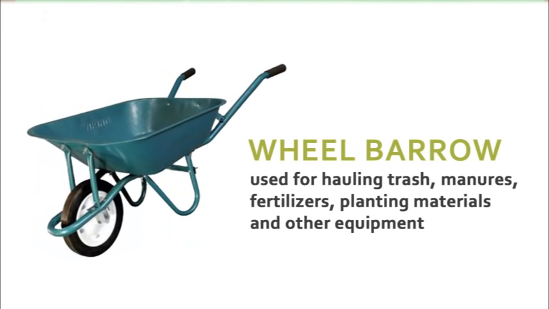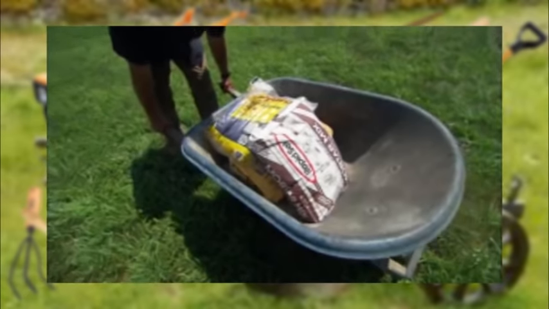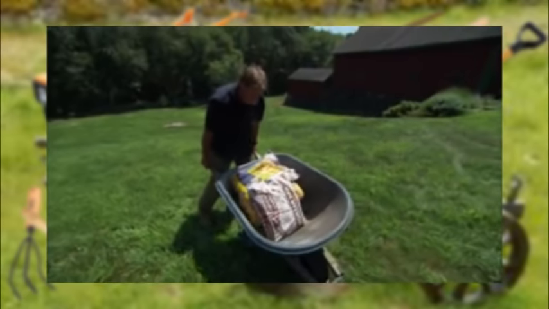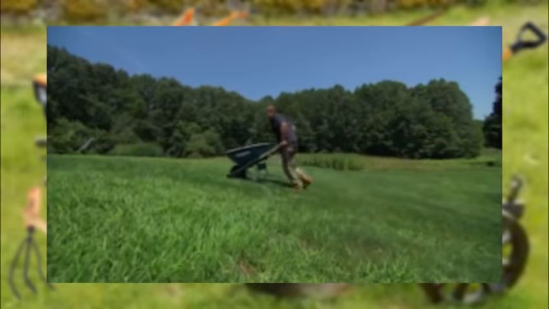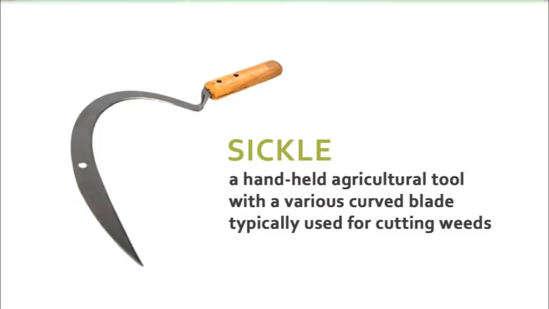We also have wheelbarrow, which is used for hauling trash, manures, fertilizers, planting materials, and other equipment. Sickle is a handheld agriculture tool with a curved blade typically used for cutting weeds.